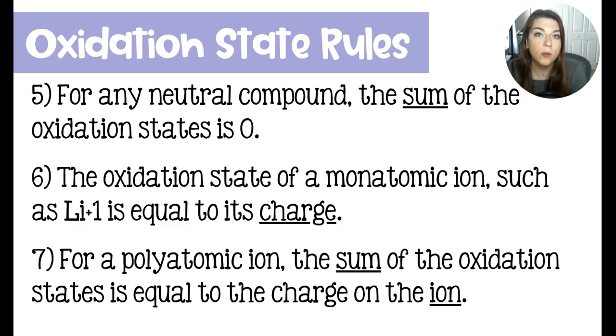And that is also true for polyatomic ions, except it's a combination of rules 5 and 6, where the polyatomic ion has a sum of all of the atoms within the poly. They are going to sum to the charge of the poly. So in the case of NO3 -1, nitrate, the N and the 3 O's, all of those oxidation states will sum to -1 because that's the charge of the nitrate ion.